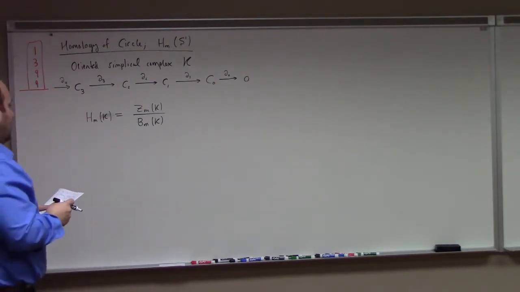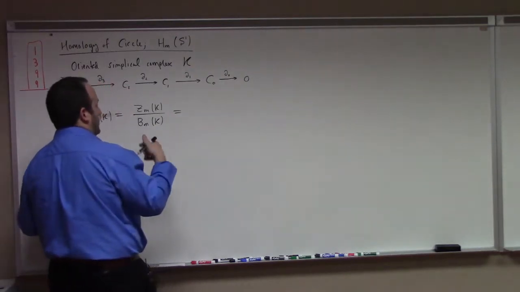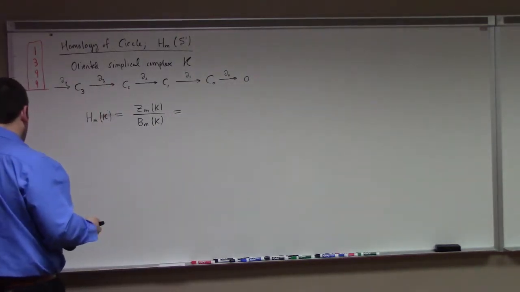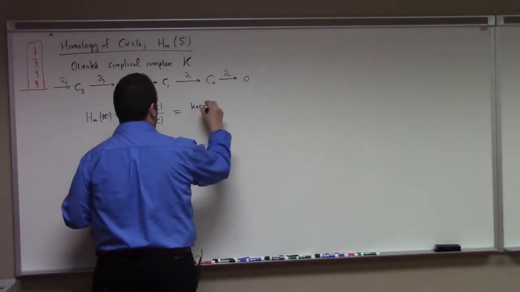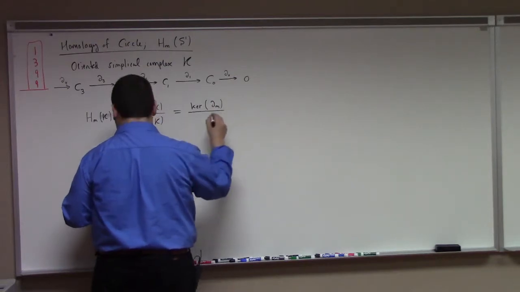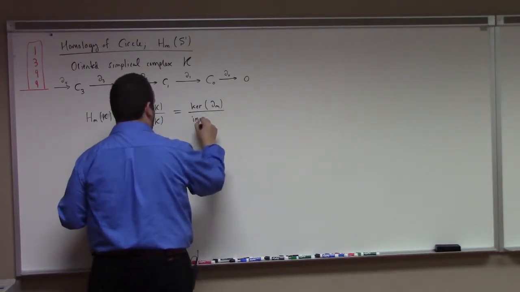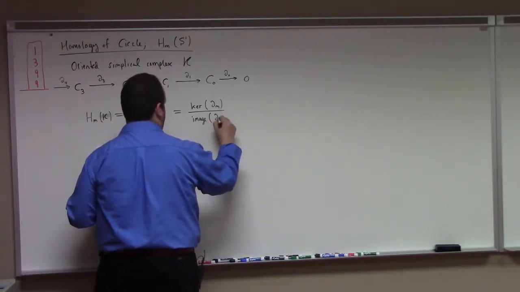But specifically, in terms of the definition of cycle and boundary, what we're looking at is the kernel of the mth boundary map mod the image of the m plus 1th boundary map.